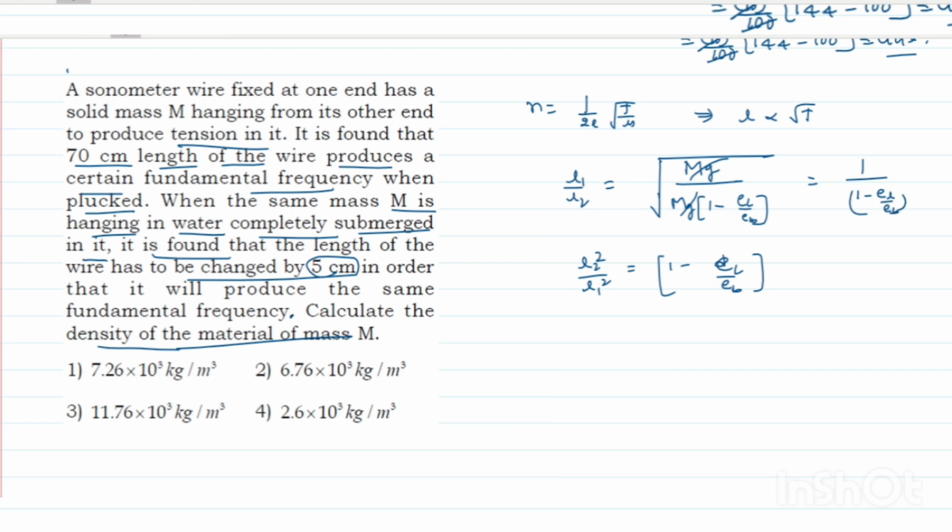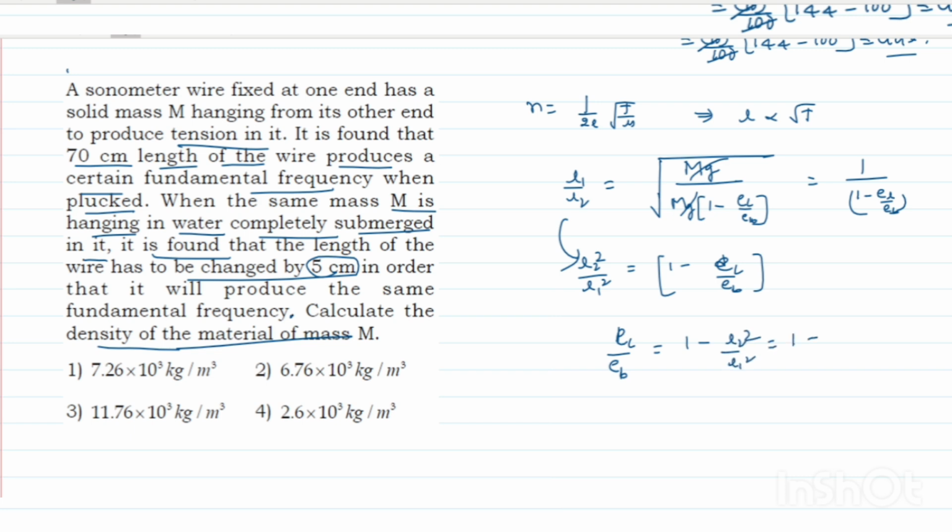Then by squaring on both sides and reversing, we get L2 square by L1 square, where the denominator becomes the numerator, 1 minus density of the liquid by density of the body. So the density of the liquid by density of the body is equivalent to 1 minus L2 square by L1 square.